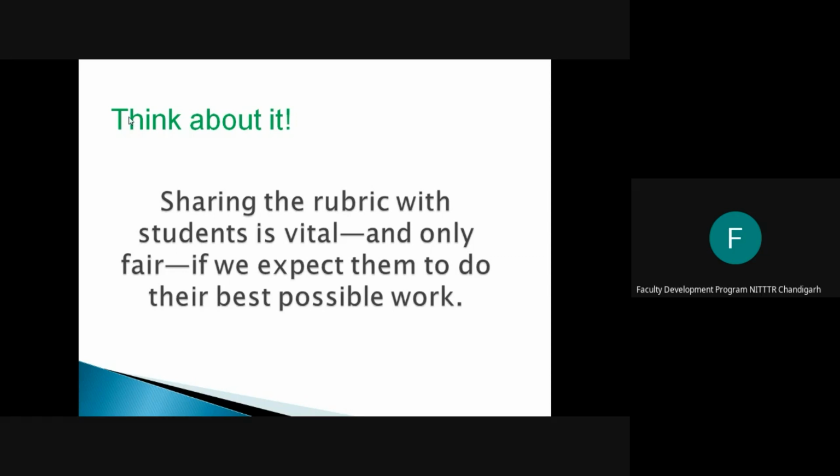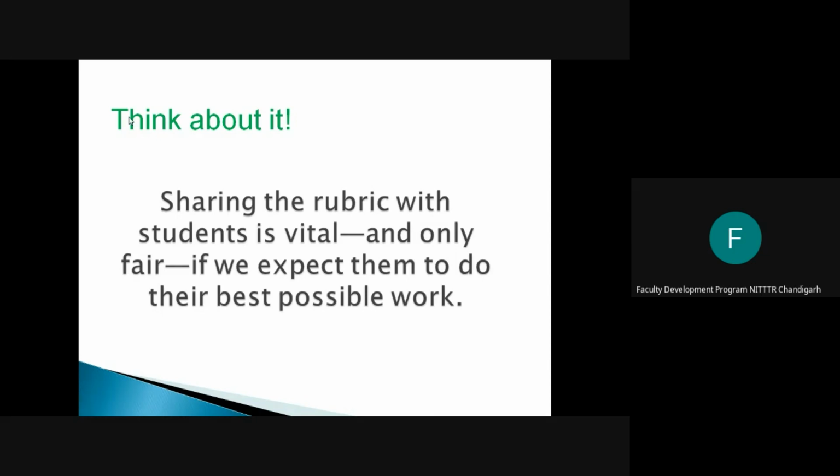And once the students have performed, you share that rubric with the student. You show them, okay, this is your rubric, this is where you stand, this is the area where you are very good, this is the area where you are exemplary. So assist the student by making use of rubric and share their performance with them. Okay. So that is very, very important.